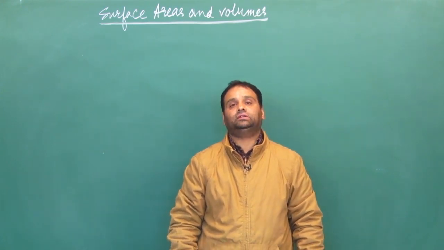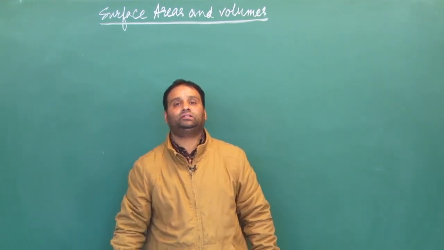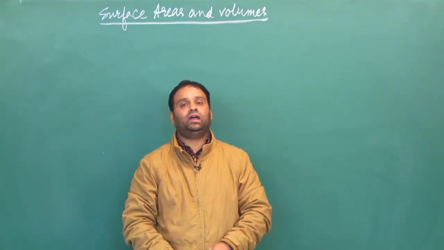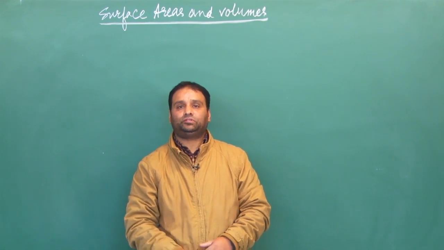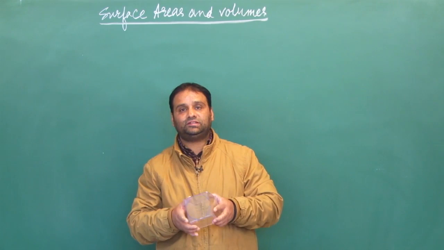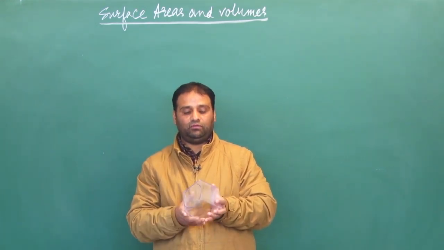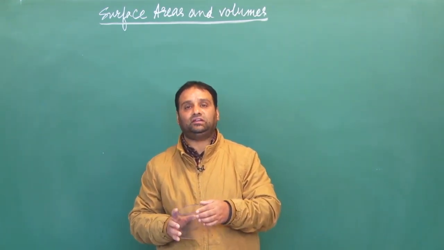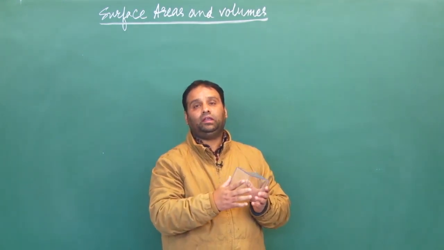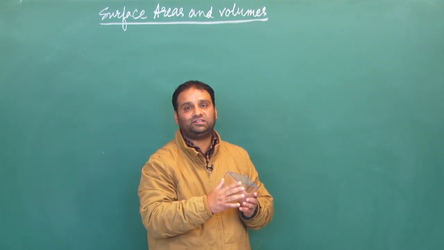We need to find the surface area and volume of three-dimensional figures, and for that we already know we have certain types of 3D figures like the cube or a cuboid. This is the cube, where we have the arrangement of 6 squares, and in case of cuboid there will be 6 rectangles.